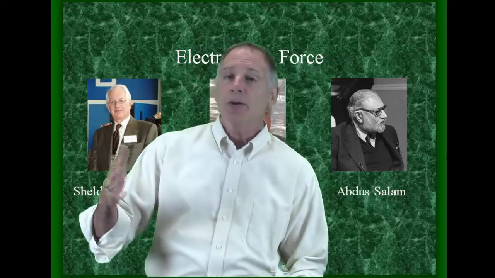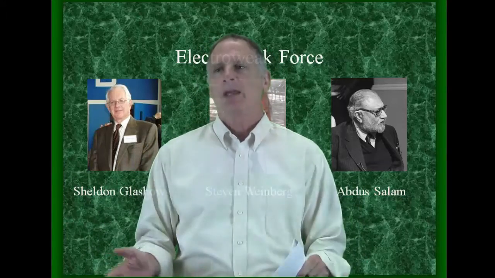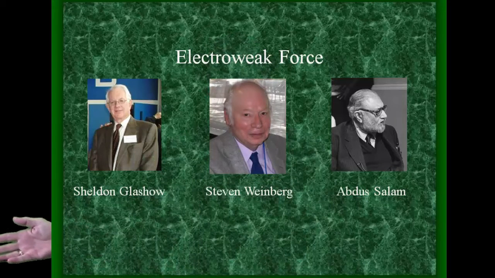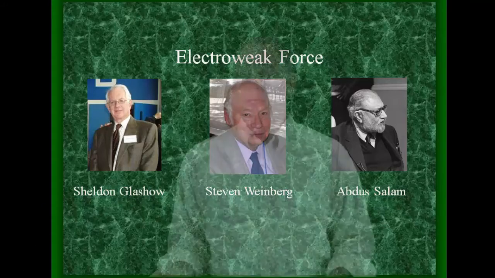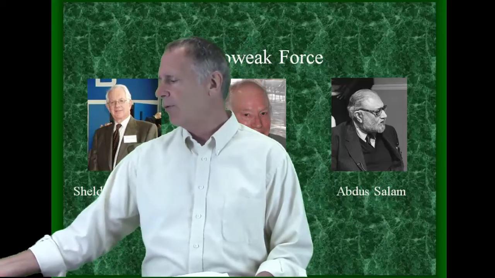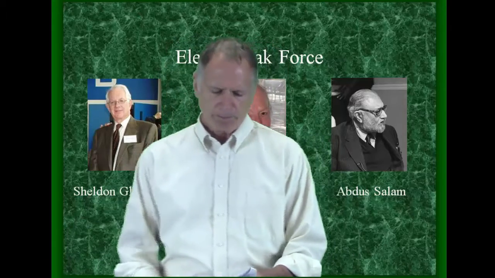And subsequently, those particles were found, and so the three of these scientists won the Nobel Prize because it substantiated the fact that the electroweak force was united, that is, the weak and the electromagnetic were united in the high temperatures of the Big Bang. And they won the Nobel Prize, Glashow, Weinberg, and Salam here.